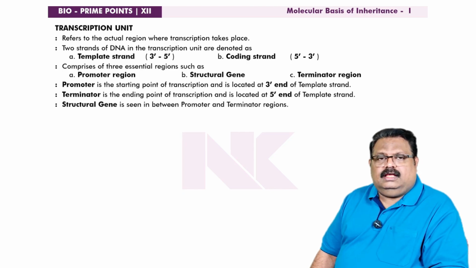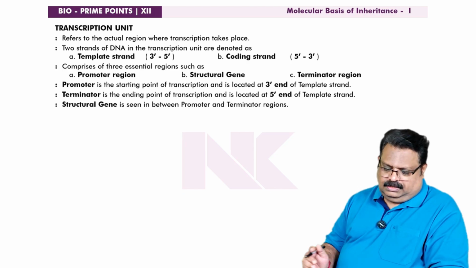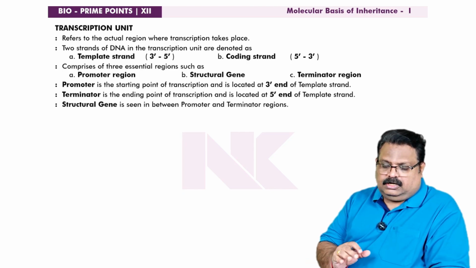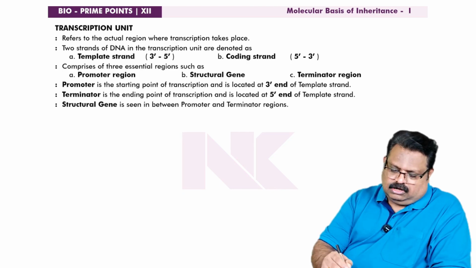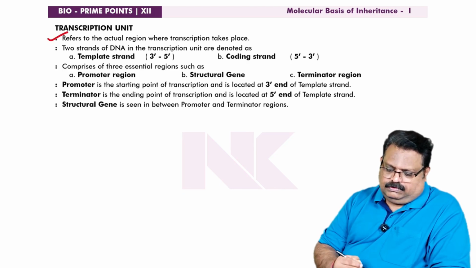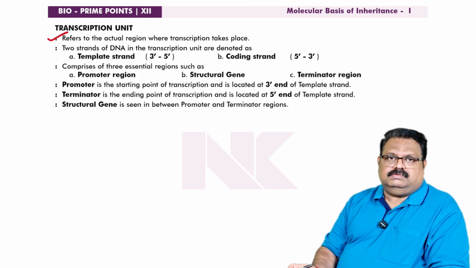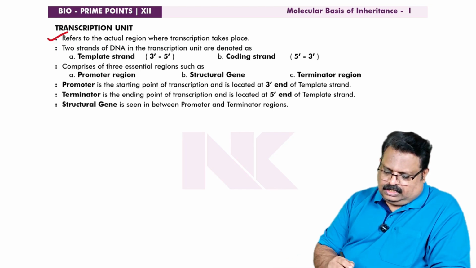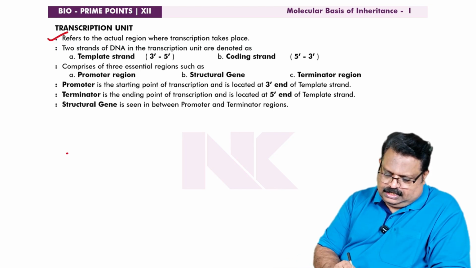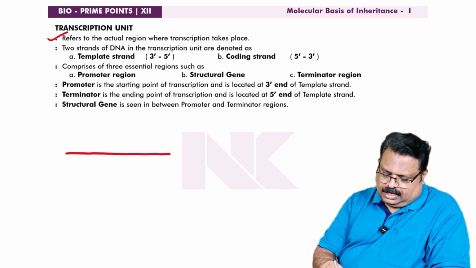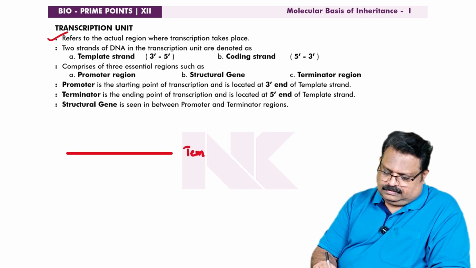We already studied the mechanism of transcription, and transcription takes place at a particular region, called the transcription unit. It refers to the actual region where transcription takes place. In the transcription unit, you can see there is one DNA strand acting as a template. This is the template strand.